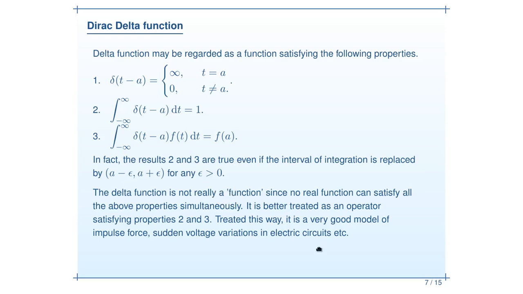But for the time being, we will look at the delta function as an operator which satisfies conditions 2 and 3 and which also has this property. If you treat it as an operator having these properties, then it is a very good model for impulse, for sudden voltage variations in electrical circuits, etc.